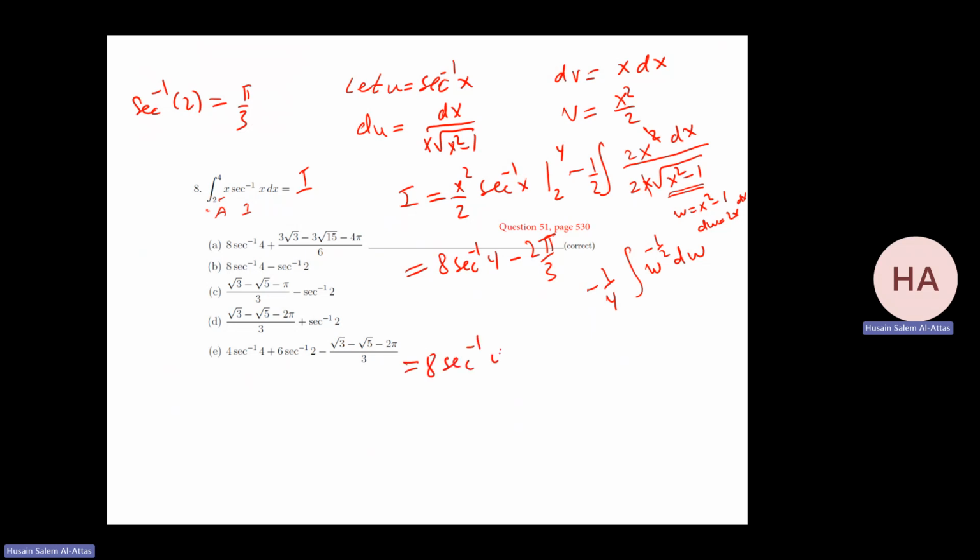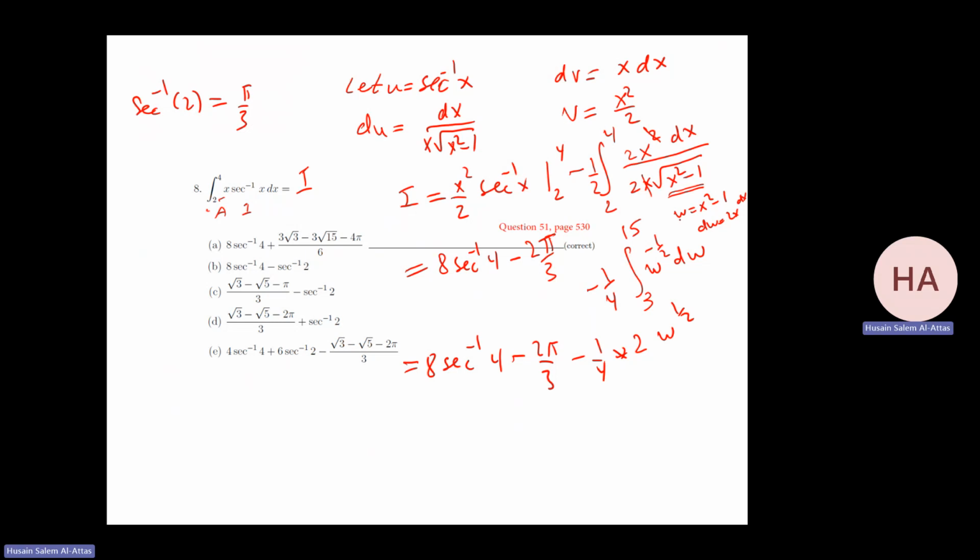8 secant inverse of 4 minus 2 pi over 3 minus 1 over 4 times 2w to the power half. Oh, don't forget the limits, but it's not 2 to 4 anymore. At 2, it will be 4 minus 1, that will be 3, and at 4, it will be 15.